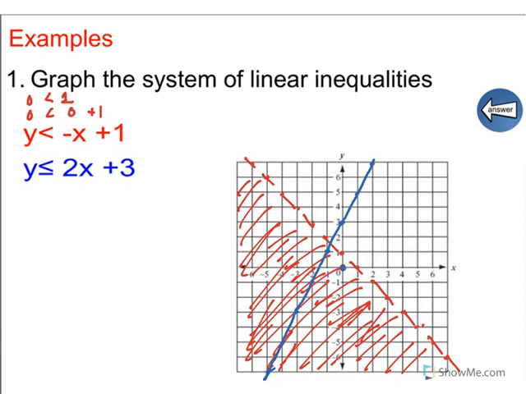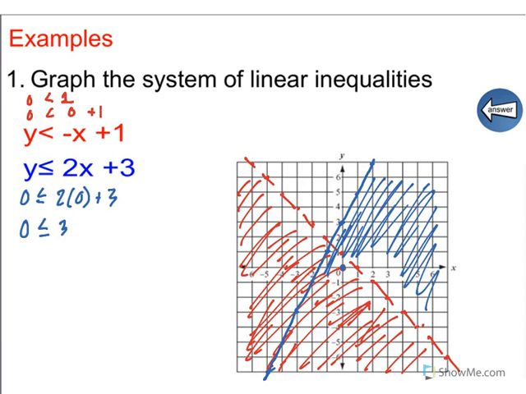It's on this side. Okay, and I'm going to determine if it is a solution. So plug in 0 for y, plug in 0 for x. Again, it's a solution if it makes it true. So 0 is less than, well, 2 times 0 is 0, and 0 plus 3 is 3. Is 0 less than or equal to 3? It is. So that says shade on the side that has 0, 0. That would be on this side right here.